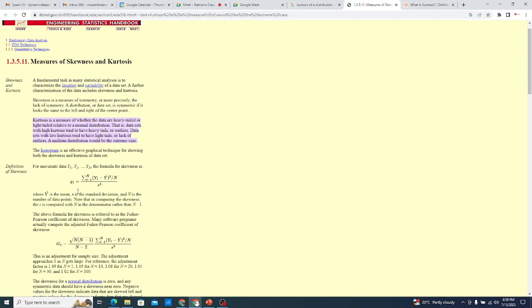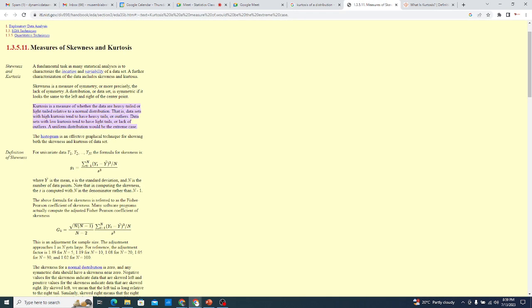Okay, so we were checking on this. Data sets with high kurtosis tend to have heavy tails or outliers. You can see that the one with heavy tails has many outliers.